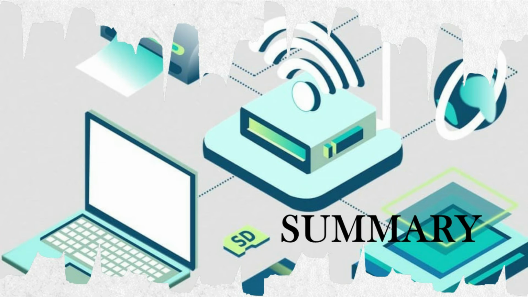Second point. For wired networks, the primary choices are between twisted pair and fiber optic cables. Coaxial cable is obsolete for new LAN installations, but is still the media of choice for delivering cable television and broadband internet over cable to homes.